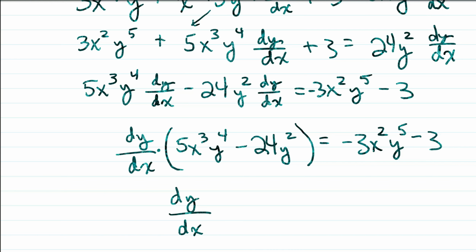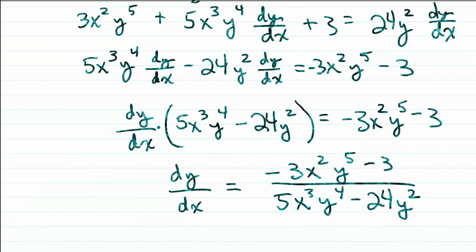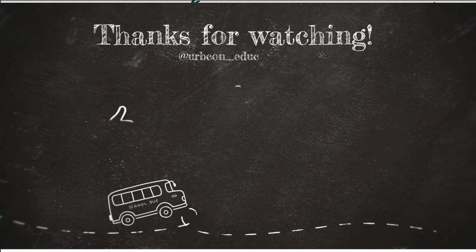So once we do that division, we should get on the other side negative 3x squared y to the fifth minus 3 all over that 5x cubed y to the fourth minus 24y squared. So again, just take your time and be careful with doing everything slowly and correctly.